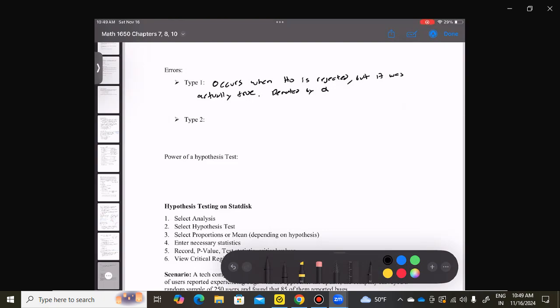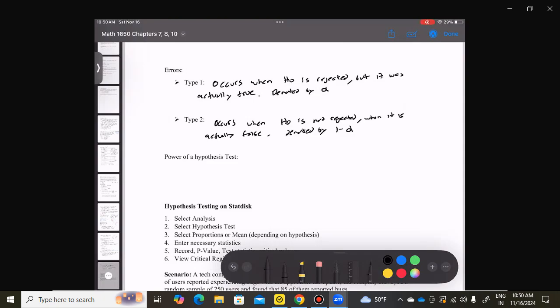Type 2 occurs when H sub 0 is not rejected, when it is actually false. This is denoted by 1 minus alpha.